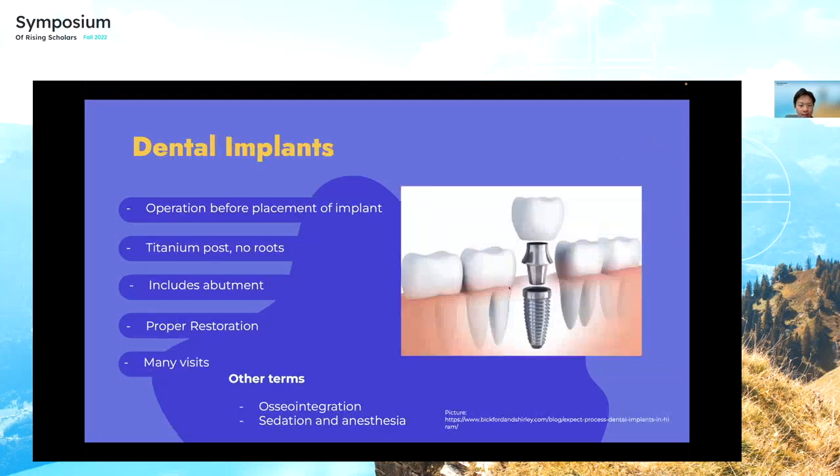For dental implants, first, the patient is put under conscious sedation and their entire mouth is anesthetized. After that, the surgeon will open the gum, which will reveal the bone. After they reveal the bone, they will make a hole into the bone where the implant will fit.